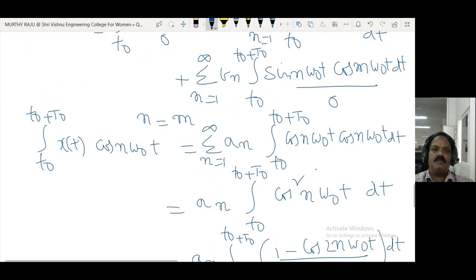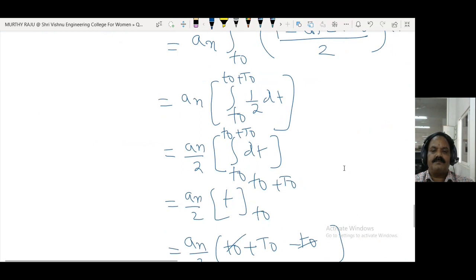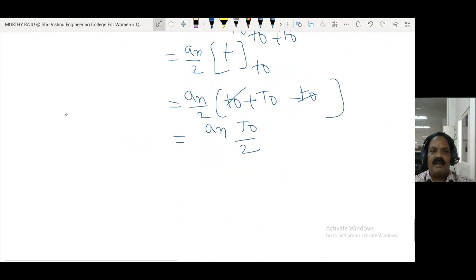The function is the integral from small t0 to small t0 plus capital T0 of x of t cos n omega naught t dt.